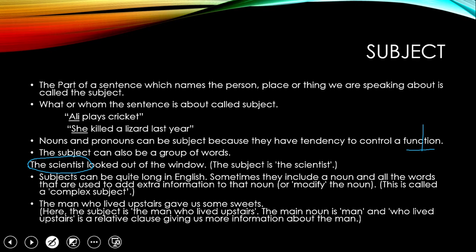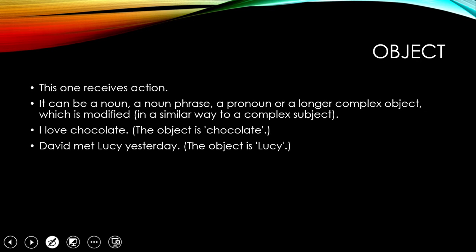So scientist is not only the word, we can see that the is attached to it. Then, for example, if I say the man who lived upstairs gave us some sweets. So the man who lived upstairs is the subject, and it is the complex subject. Got it?